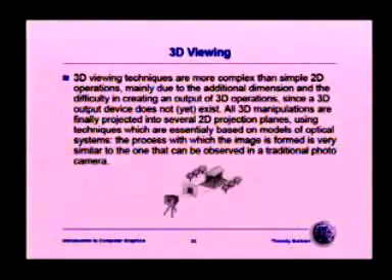Let's delve a little bit more into detail about the problem of viewing. So I told you that we need transformation, that is moving objects, and then that we need a specific operation which is called projection. Why do we need projection? Because we have a scene, and then we have a viewer, but the viewer ultimately looks at the scene through a bidimensional area. This is true also for our viewing system.